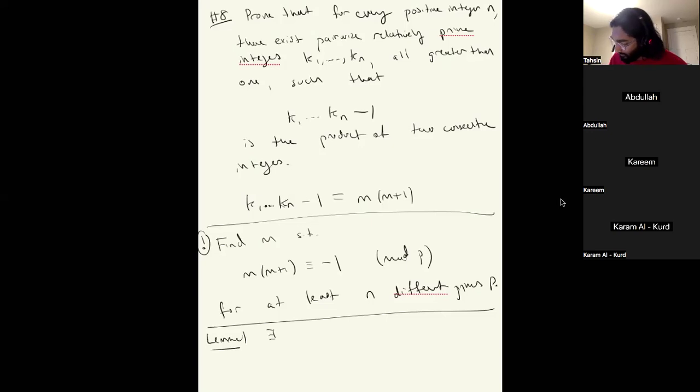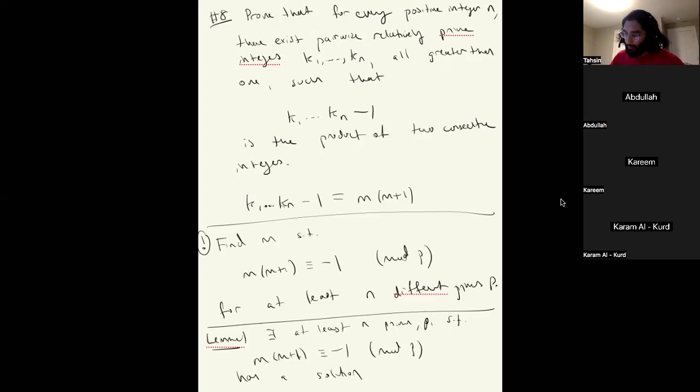There exists at least n primes p such that m times m plus 1 congruent to minus 1 mod p has a solution.